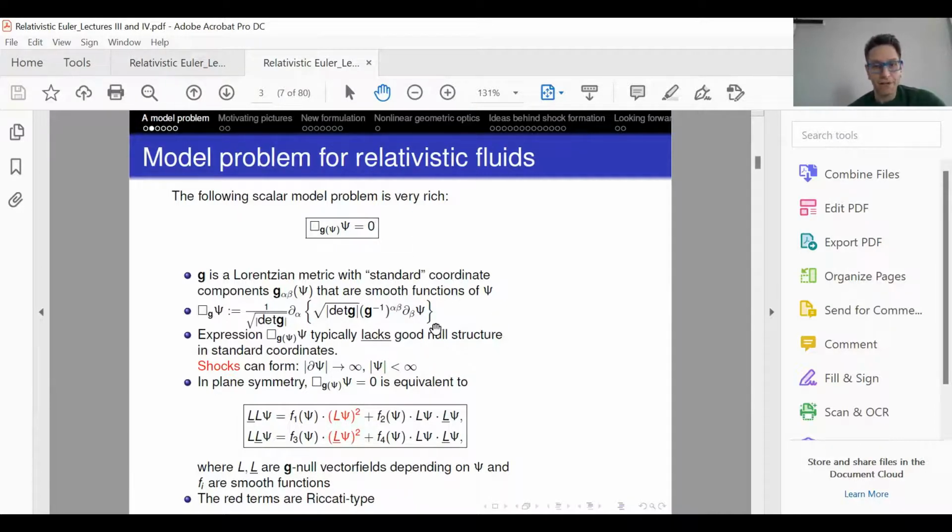You have lots of stuff, but none of them are like L psi squared or L bar psi cross terms. If L bar psi is the thing that's blowing up, then L bar psi squared is the dominant term, and stuff that's linear in L bar psi is less important near the singularity, at least if you're treating solutions where L psi remains regular.